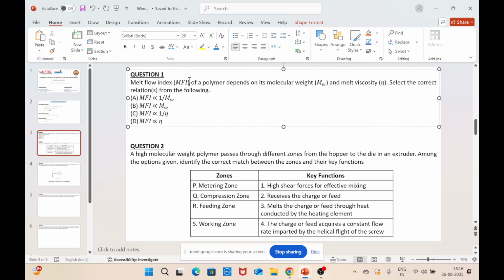Melt flow index is something which determines the amount of polymer melt that can flow. So that means that the greater the melt flow index, the greater will be the amount of polymer that flows out of the die. So based on this, we need to discuss how it is going to be affected by the molecular weight and melt viscosity.